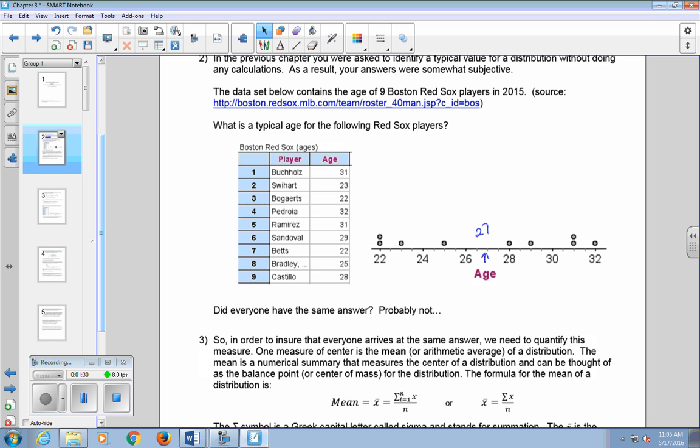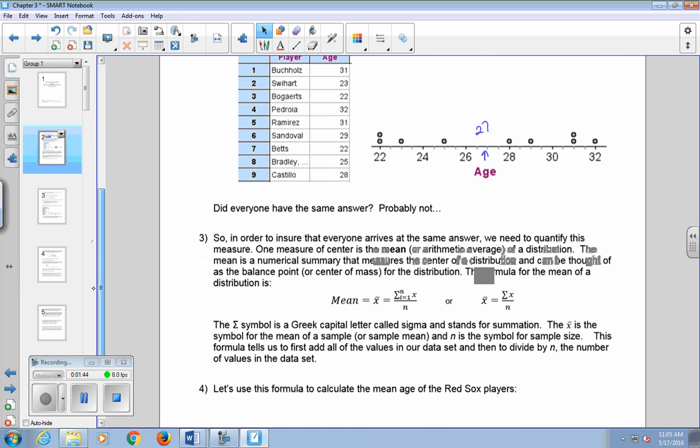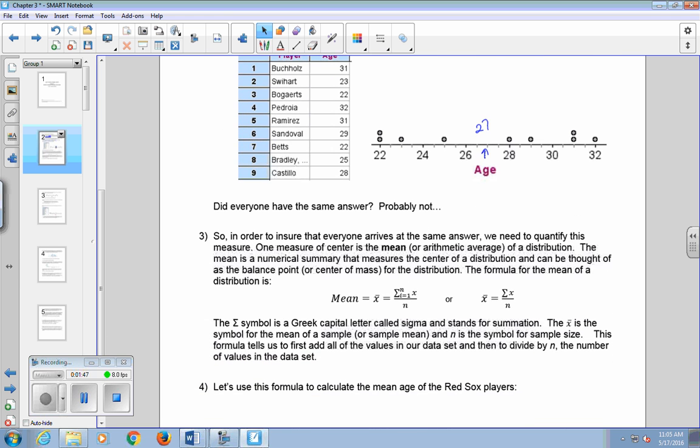And will everyone have the same answer? Not necessarily, because we are just subjectively looking at this. So we need a method that everyone can arrive at the same answer when we're talking about a measure of center.